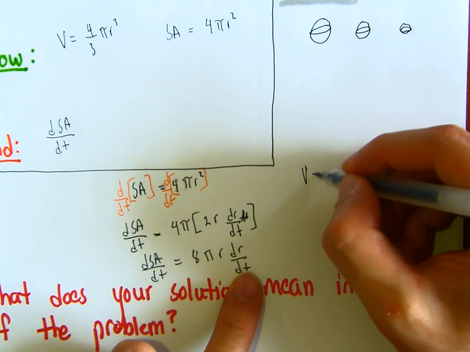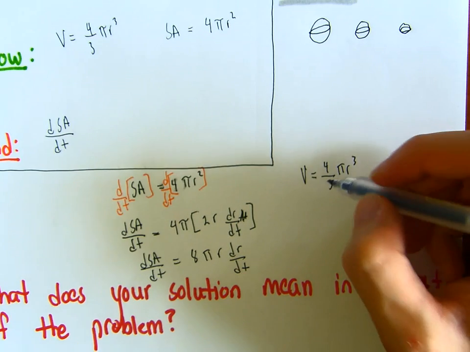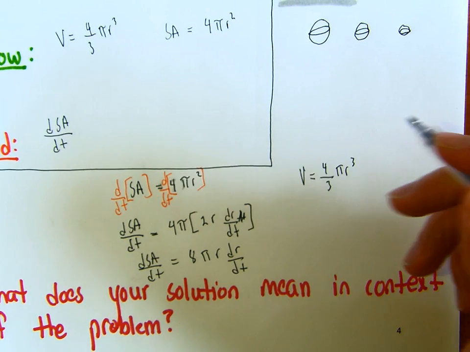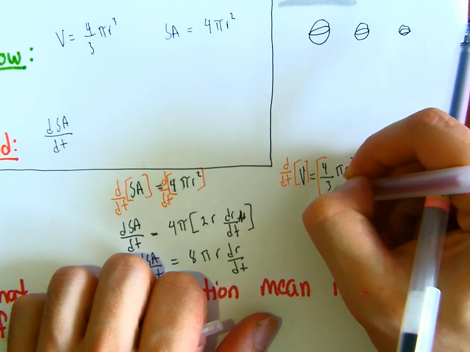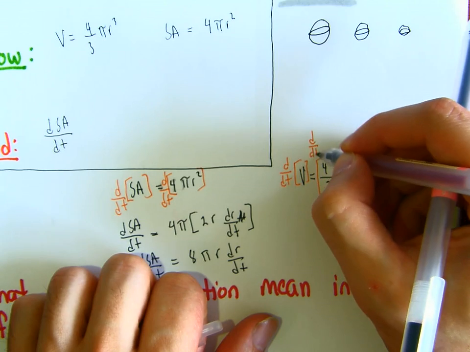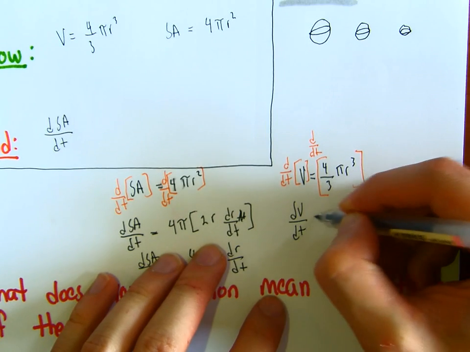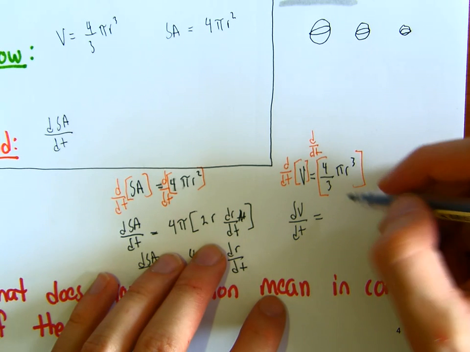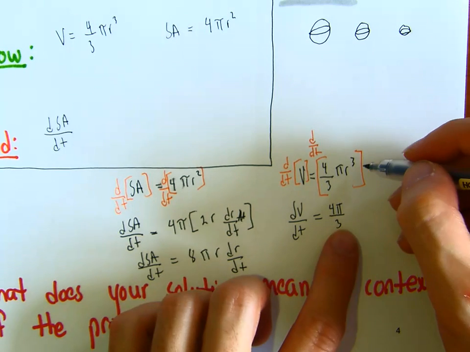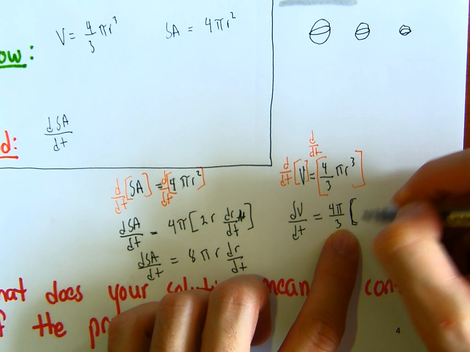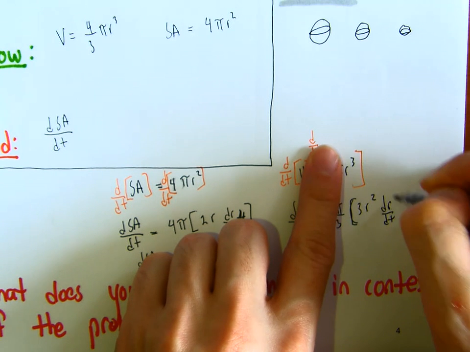If you have V is equal to 4/3 pi r cubed, let's take the derivative of both sides with respect to t. So if I take d dt on both sides, this becomes d capital V dt equals, notice that this 4 pi over 3 is a constant, times the derivative of r cubed, which is 3r squared dr dt.